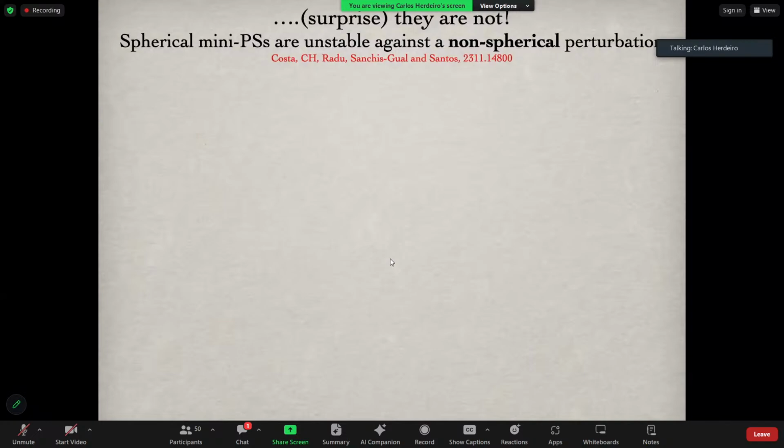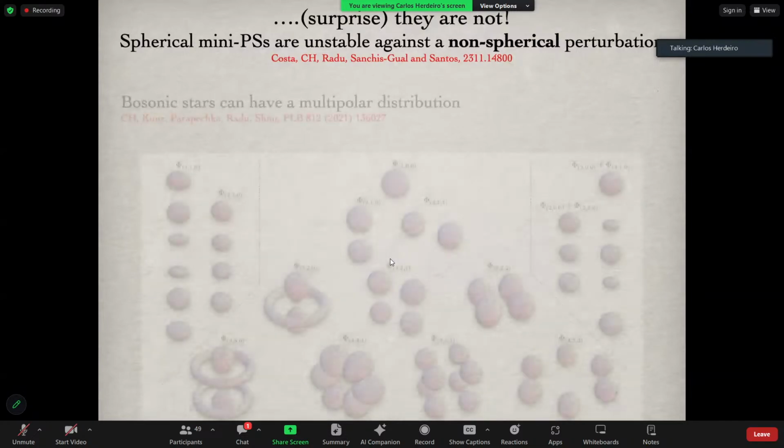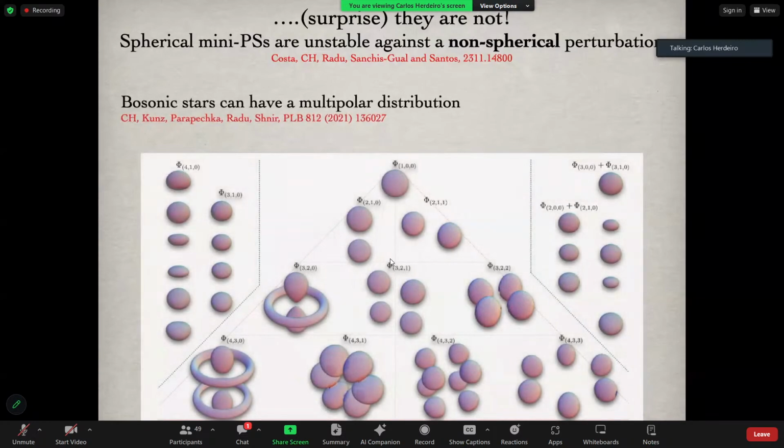Unlike black holes, static black holes in Einstein-Maxwell, that we know are actually spherical by Israel's theorem, bosonic stars can have a multipolar distribution. And this was first seen for the scalar model of mini boson stars.